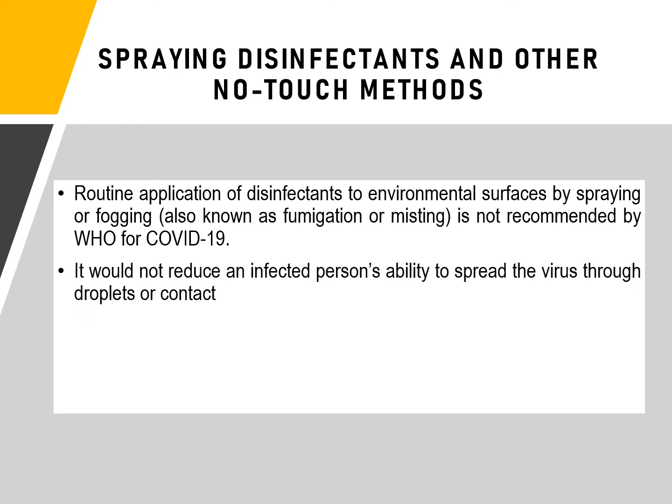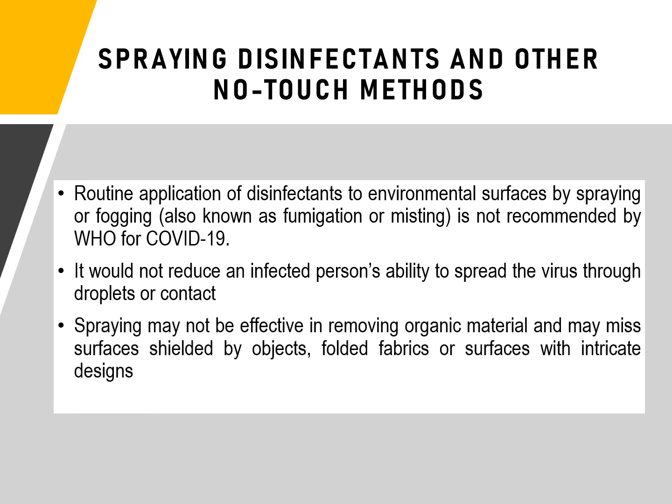It would not actually reduce an infected person's ability to spread the virus through droplets or contact because the disinfectant produced during fumigation or misting cannot get inside the body and eliminate the causative agent of COVID-19. Spraying may not be effective in removing organic material and may miss surfaces shielded by objects, folded fabrics, or surfaces with intricate designs.